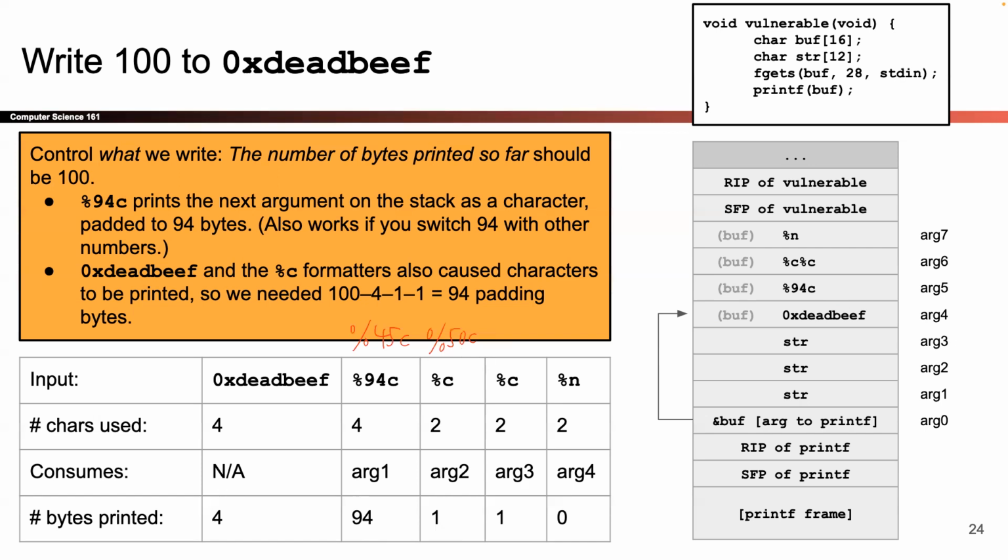But remember, these are bytes that I'm writing into memory. Before I wrote %94C %C, that was 6 characters in total. Now I'm writing %45C %50C, 8 bytes in total instead of 4. So on the stack, when I try to draw this out, suddenly here, instead of writing %C, I actually wrote %50C, and one of those %Cs got bumped up here.